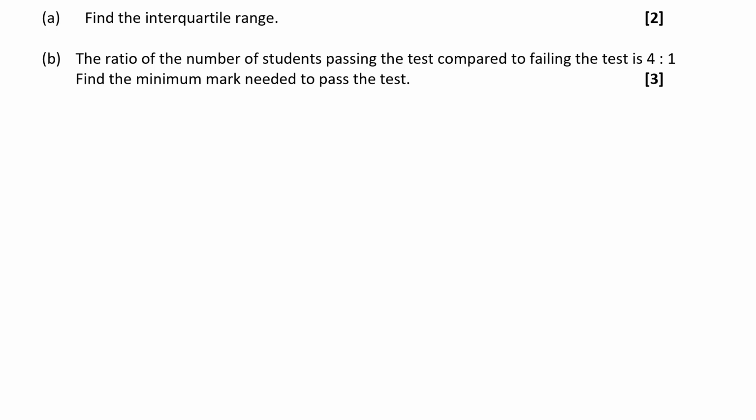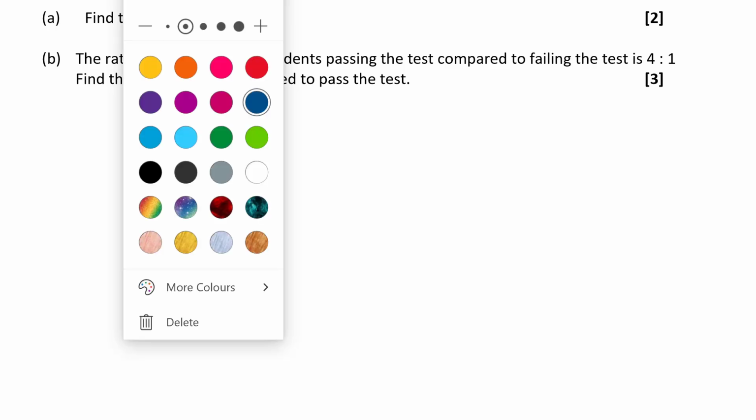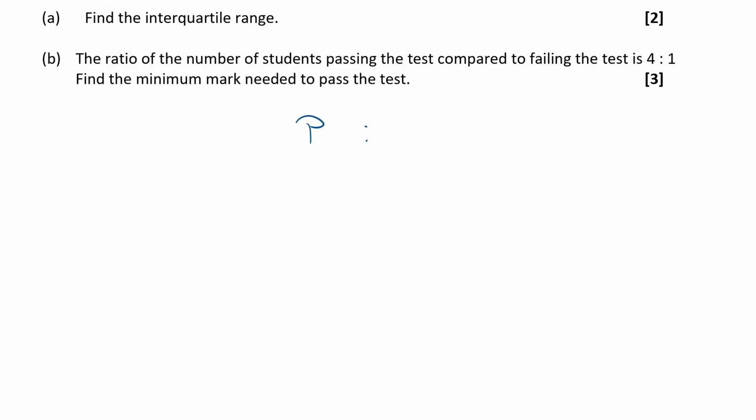So the ratio of passing to failing is 4:1. Now if you remember, there were 80 students altogether, and if there are 4 parts for passing and 1 part for failing, 4 plus 1 is 5 parts altogether.